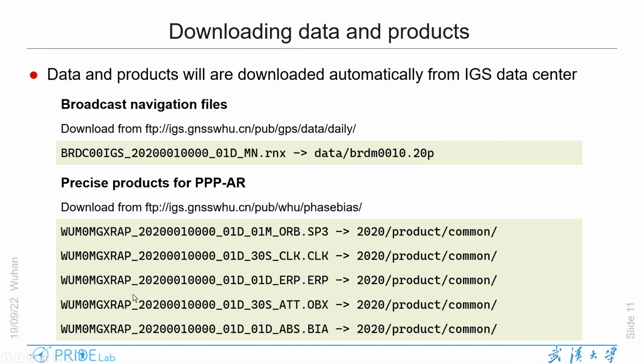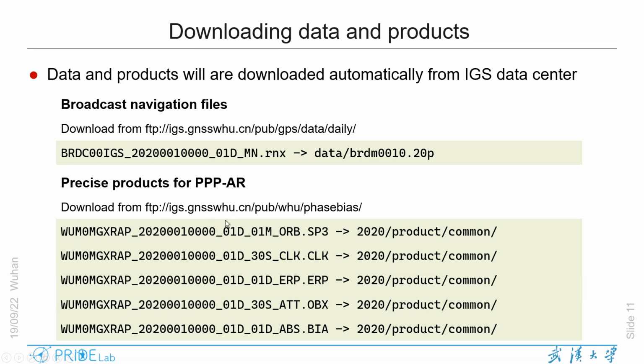The default products we use are the rapid products from Wuhan University. By now, they are unavailable at the common IGS data centers and can only be downloaded from the FTP server at Wuhan University.